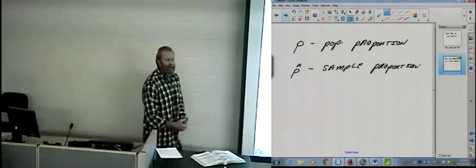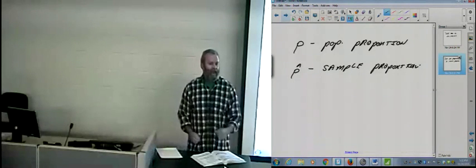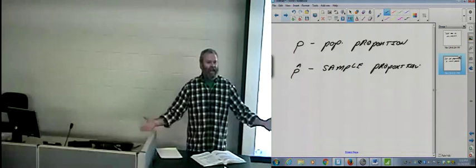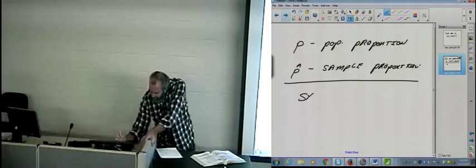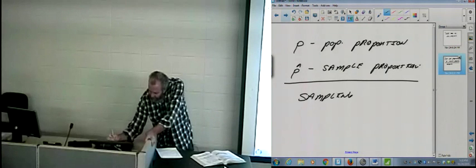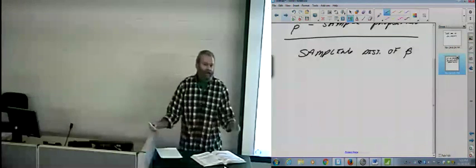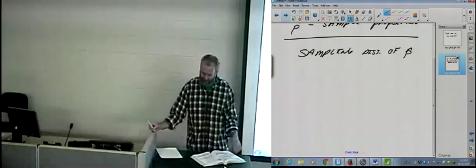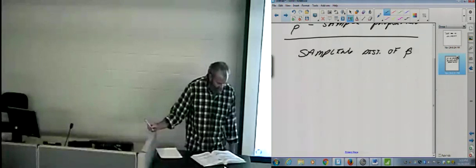So if we're going to do anything in this chapter, your statistic here is this sample proportion p hat. We got to know about its sampling distribution. And so the last thing I wrote up last Thursday is this sampling distribution of p hat. It has a mean, it has a standard deviation, and it has a shape. I am on the bottom of page 518 here.